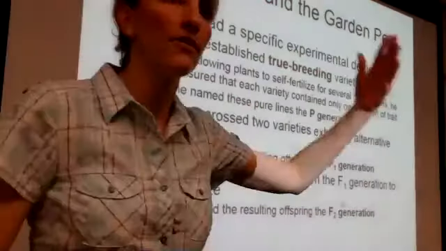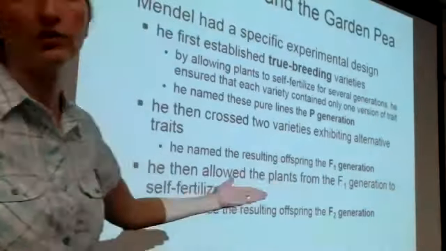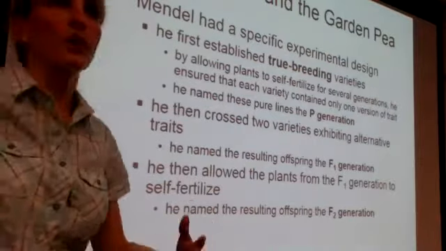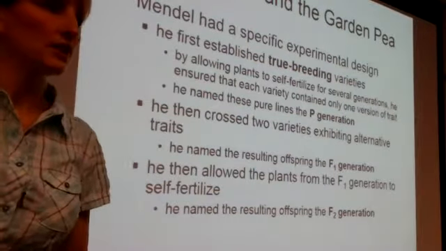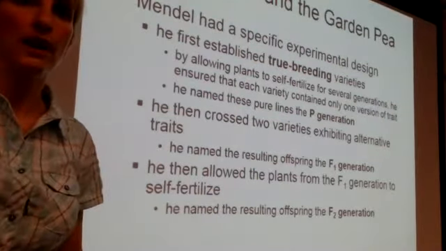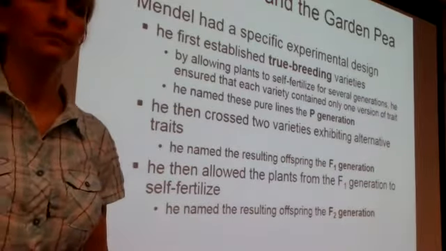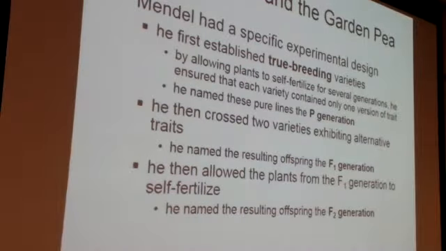F3, F4, even on a human pedigree chart, you can name it that, where as far back as you go, you would start with the P generation and then F1, F2, F3, F4, F5. And he did go further, but it's these three, the Ps, the F1s, and the F2s, it's those three generations that really gave him most of his useful information.